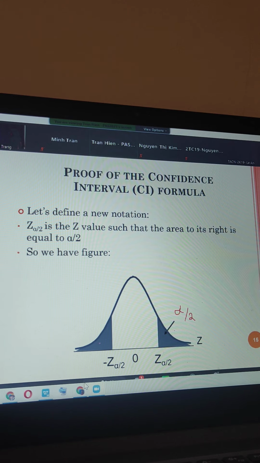So the area in the left hand side is equal to alpha over 2, right? So can you help me calculate the area for the middle region? What is the area or the probability when z belongs to the interval from minus z alpha over 2 to z alpha over 2?